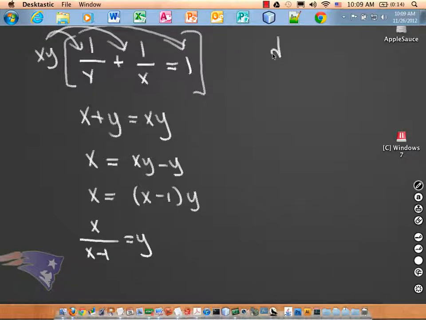Now let's go back to our implicit derivative. We had negative y squared over x squared. So I substitute in what I got here.